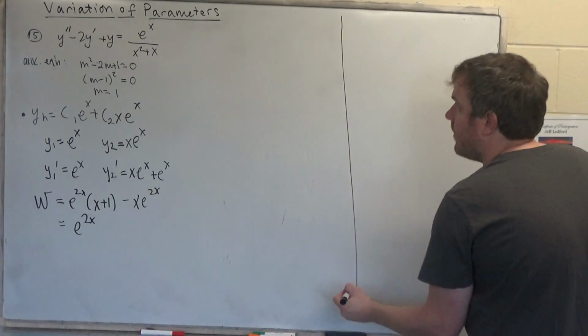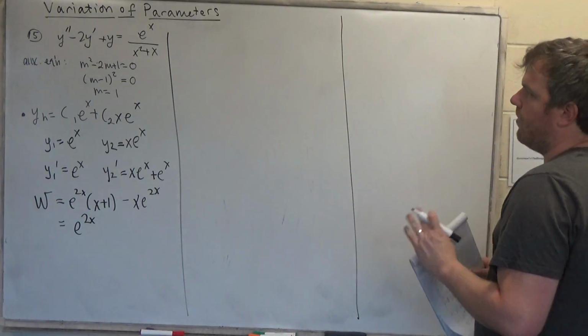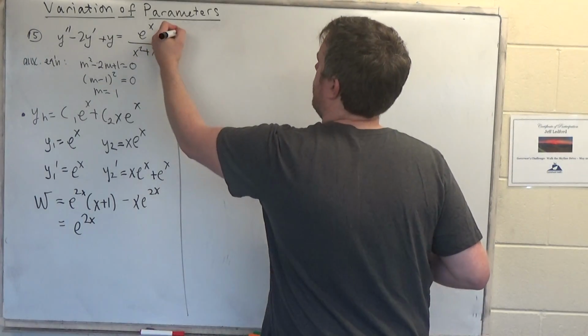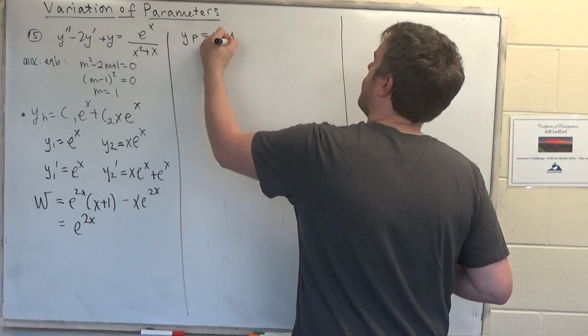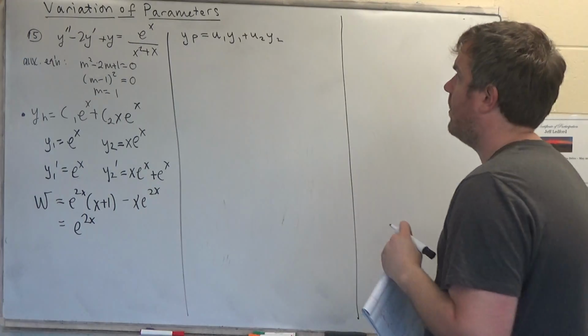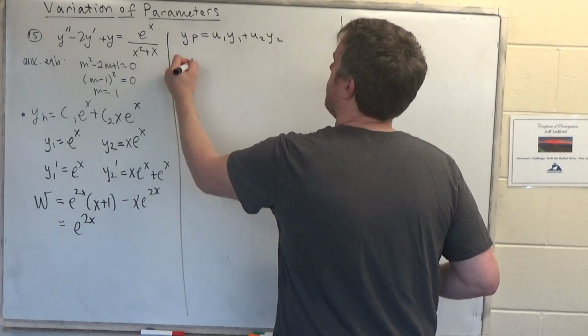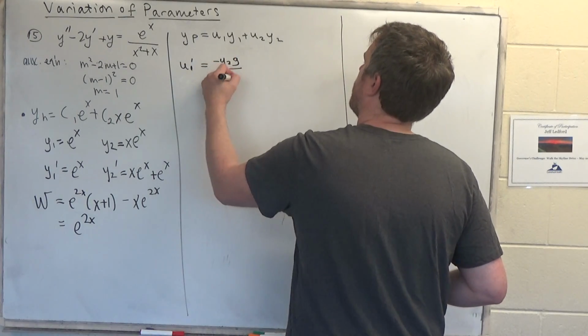And I think I'm going to need a bunch of space, so I'm going to try to mark off sections of the board to save for it. The particular solution is u1 y1 plus u2 y2, just as before. And u1 prime is still negative y2 g over aw.